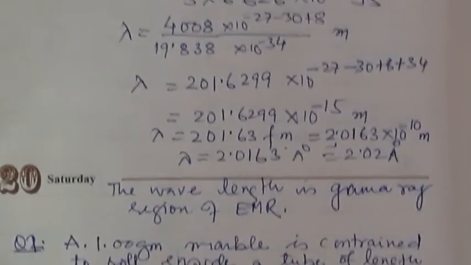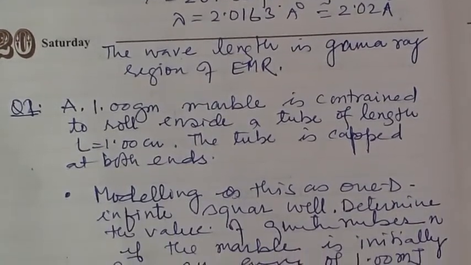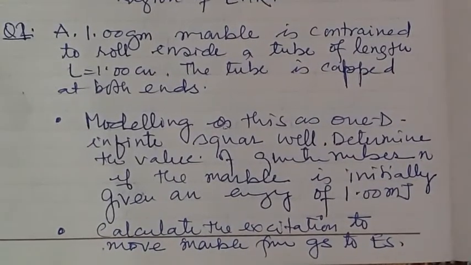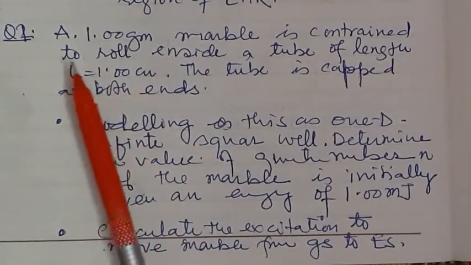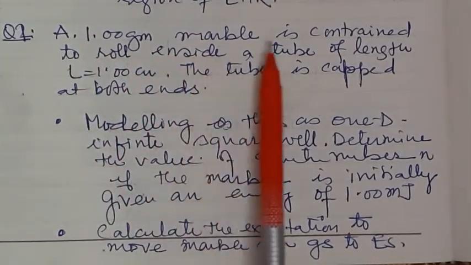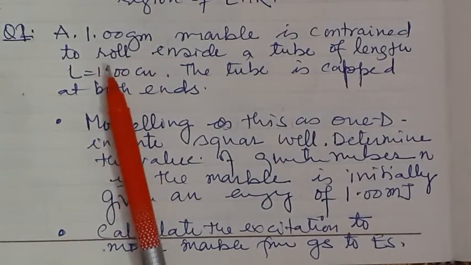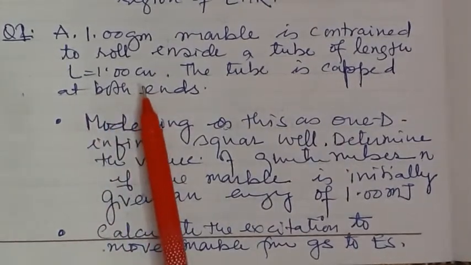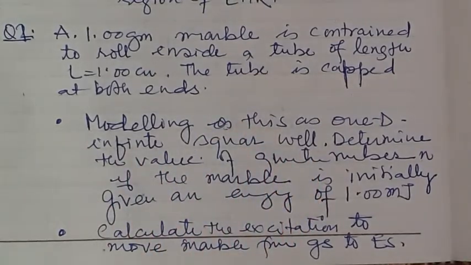Now, I am going to discuss the second important question, which can help you understand why the quantum concept is not applicable in the macroscopic world. The first question goes like this: a 1 gram marble is constrained to roll inside a tube of length 1 centimeter. The tube is capped at both ends.